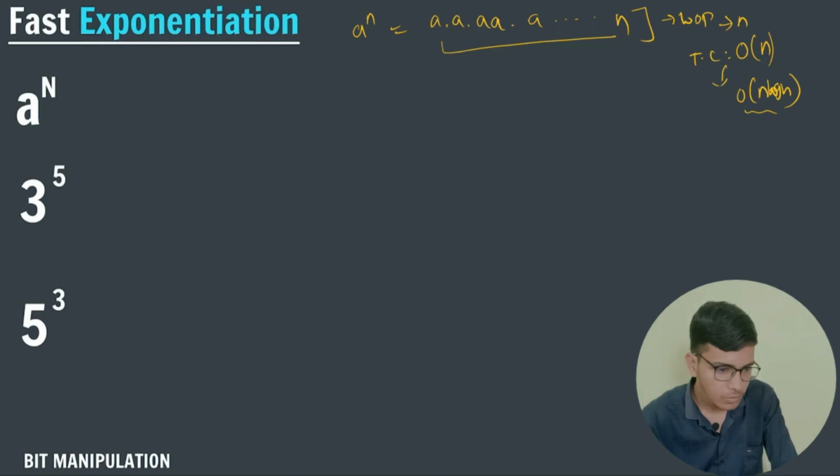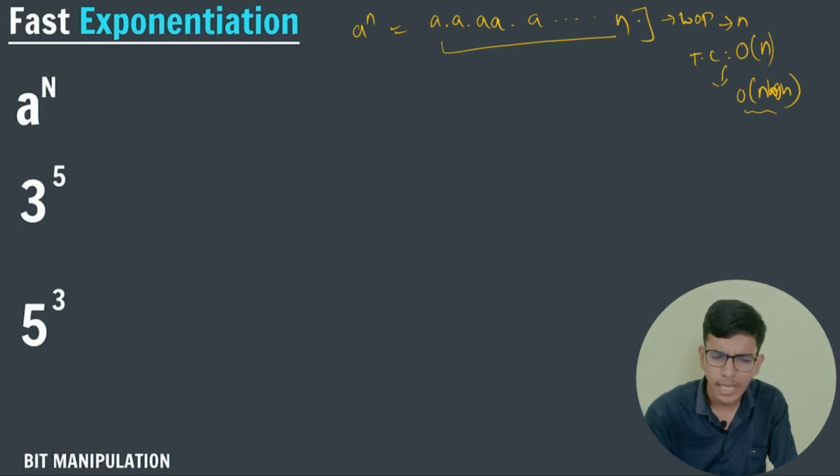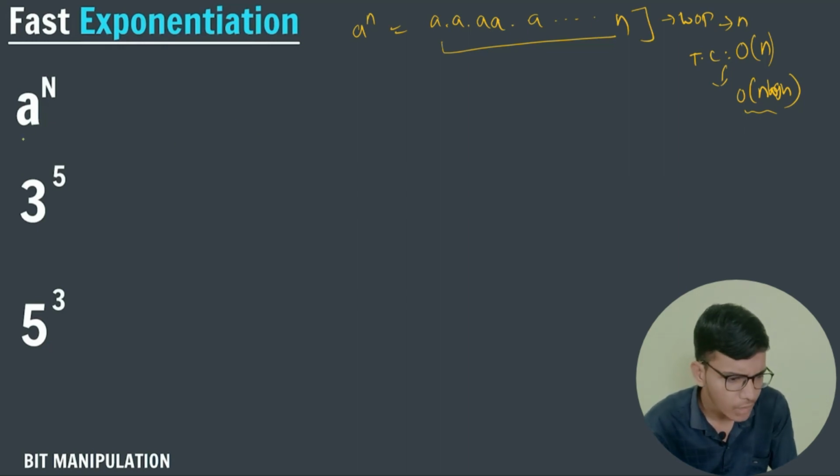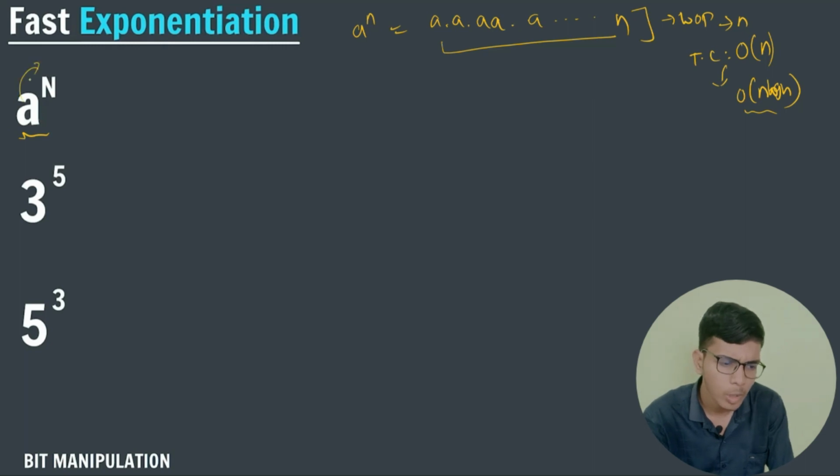Now the intuition for calculating fast exponent, that is nothing but calculating the power of the given number. The main logic is, first of all, let us consider the given number a, and we will calculate a to the power of n.